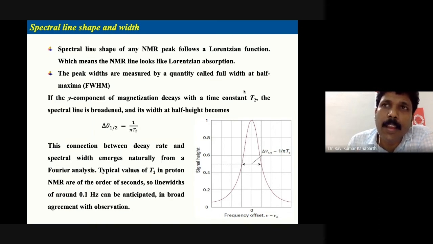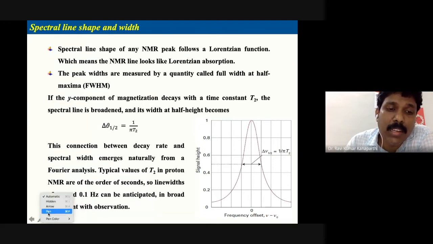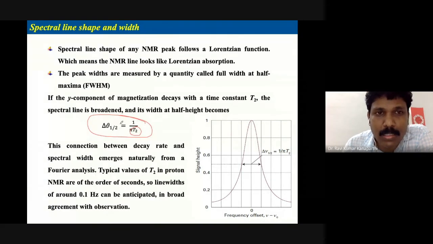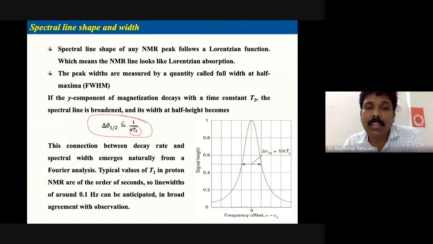Okay, and the spectral line widths are actually related to the relaxation time T2. Spectral line widths are well connected with the spin relaxation time T2 by this relation. Okay, what is this delta nu half? Nu half is nothing but the full width at half maximum.